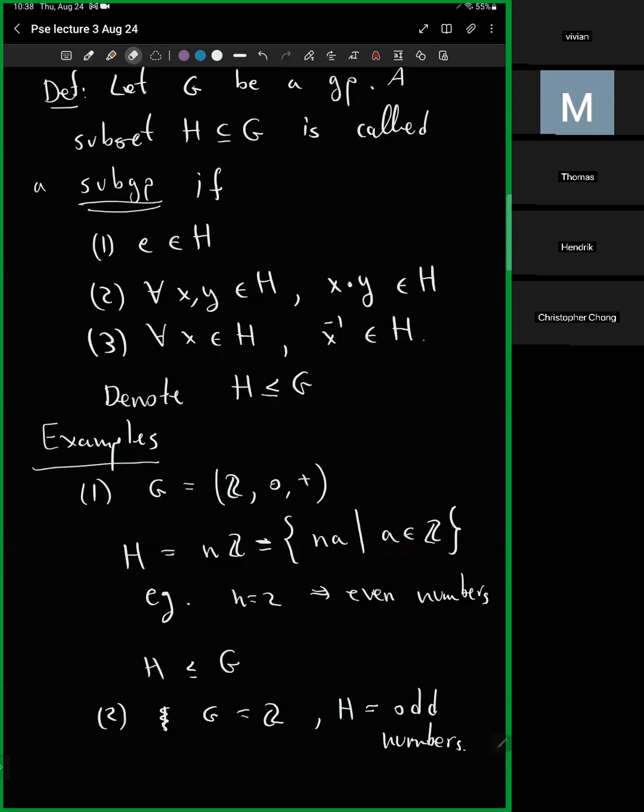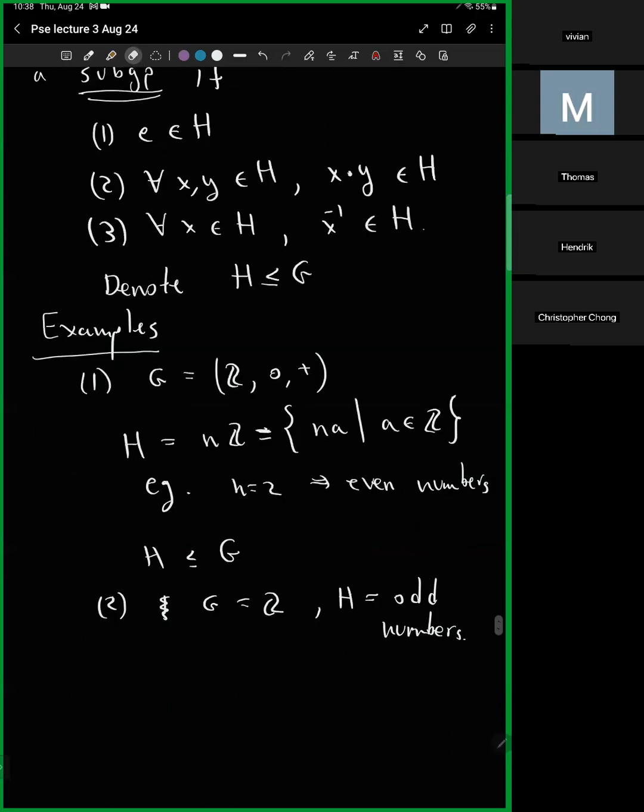Okay, so this is a non-example, maybe slightly more interesting. You take, let's say, Z mod 10, which I remind you is all the numbers from 0 up to 9, with a modulo 10 addition.